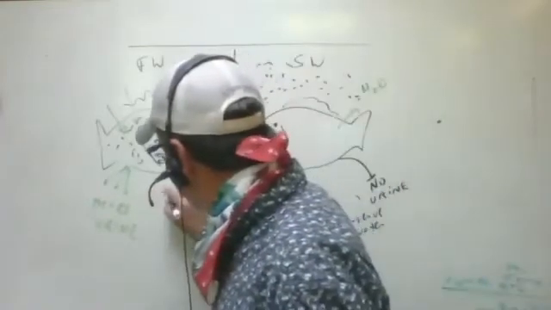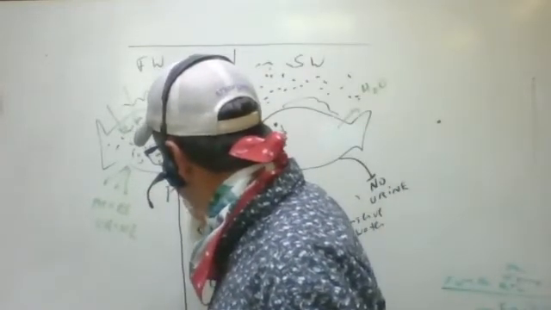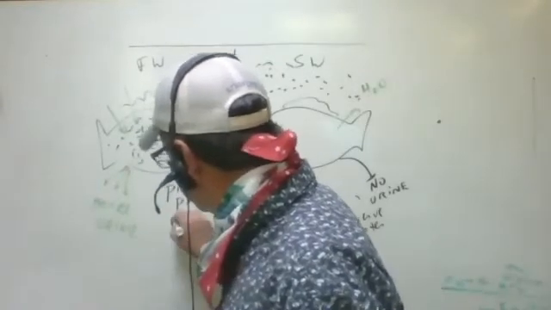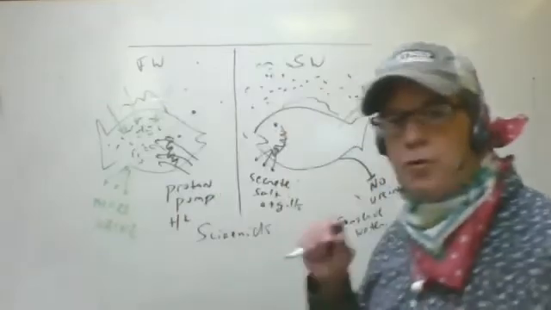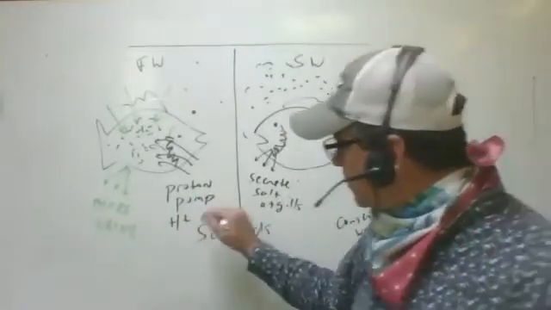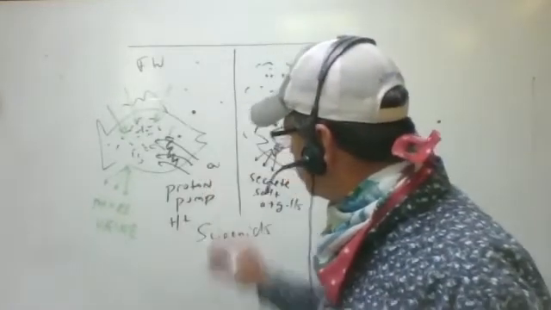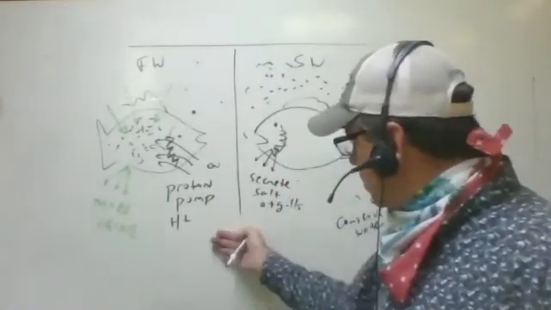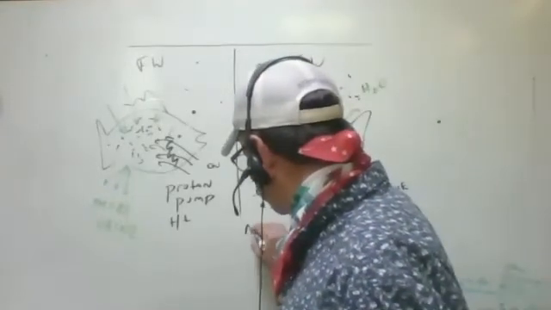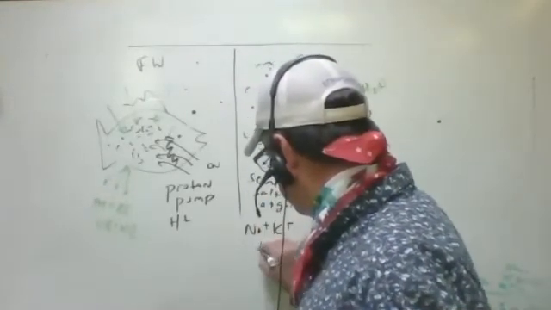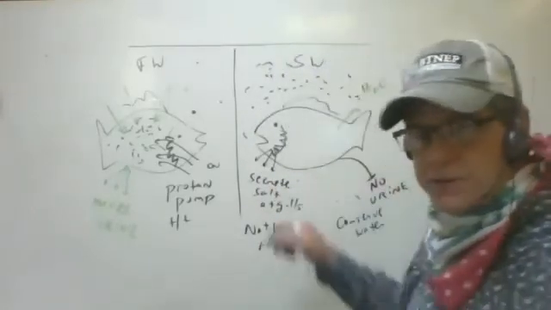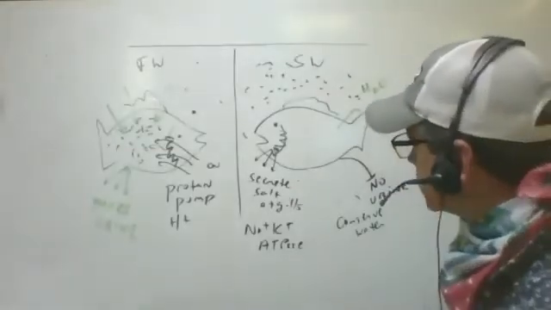This is done by another pump. It's called the proton pump that uses the movement of a hydrogen ion, which is the same as a proton, right? So the proton pump is on over here. In these saltwater fish, they tend to use the sodium, potassium ATPase. They use its activity to secrete salt out of their gills, right?